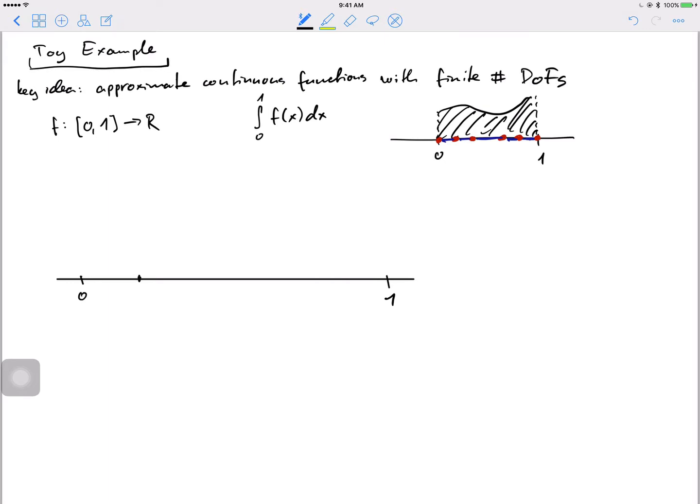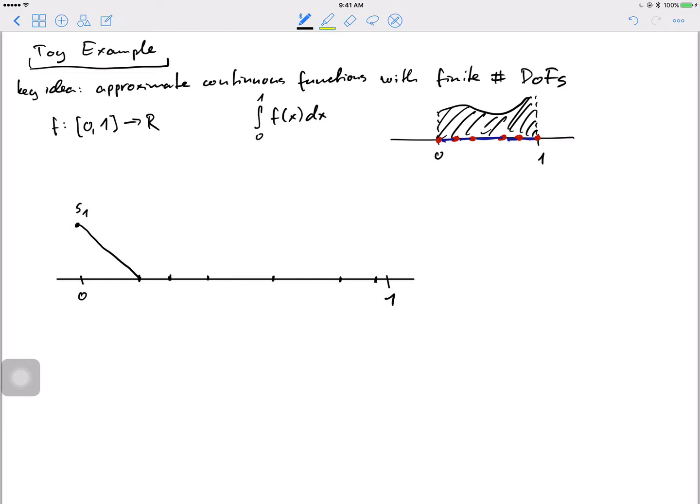And I insert some nodes in between. Again, they don't have to be equally spaced. And for each of the nodes, I define a shape function. So what's a shape function? That's basically an interpolation from the nodal values to everywhere on the domain, in this case the interval 0, 1, okay? So the first shape function, I'm drawing here piecewise linear shape functions.